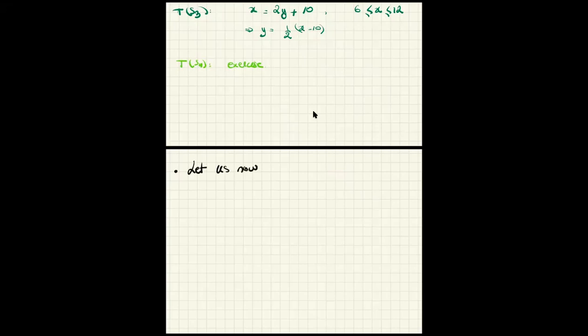Let us now see how a change of variable affects a double integral.